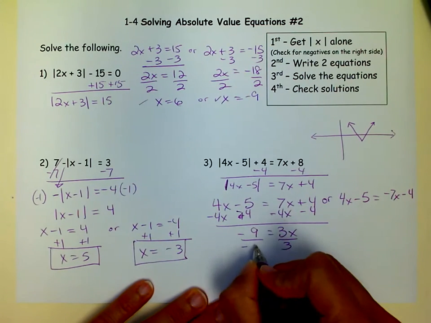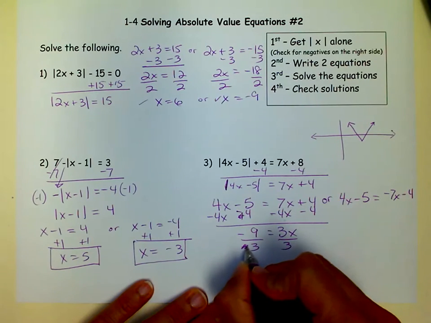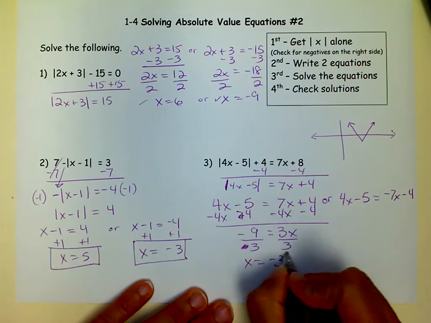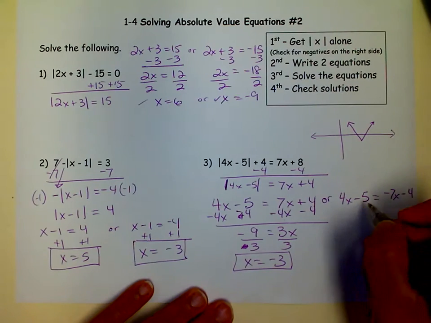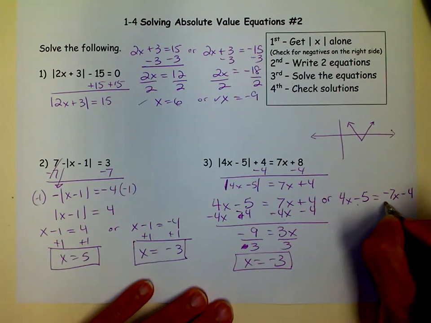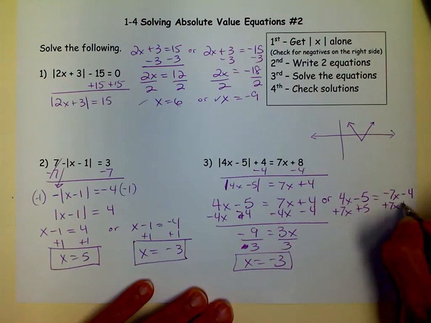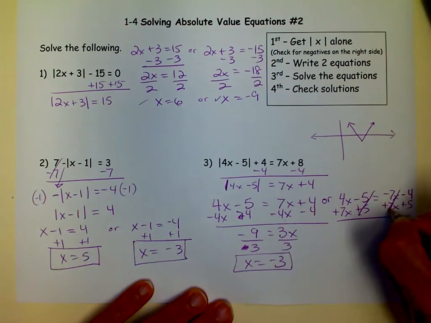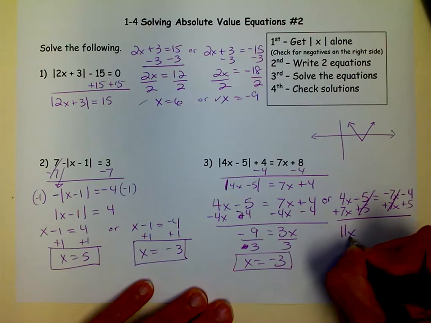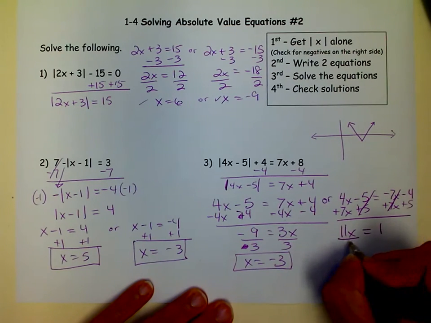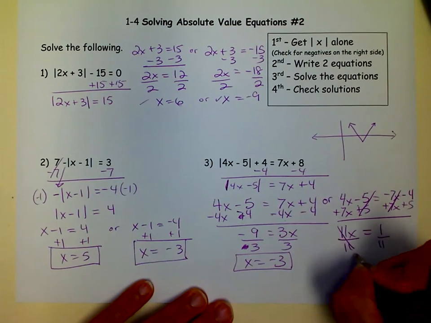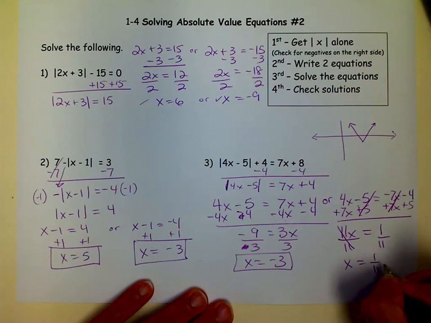So when I divide by 3, I get x equals negative 3. That's one of our answers. Over here, I'm going to move the 7x on this side. And I'll move the 5 over there. That cancels, and I get 11x equals 1. And when I divide, I get x equals 1/11.